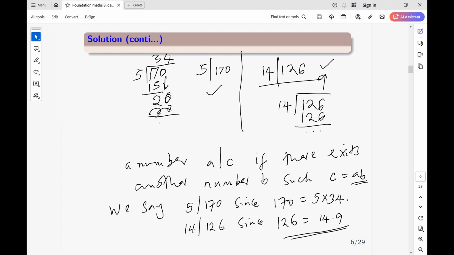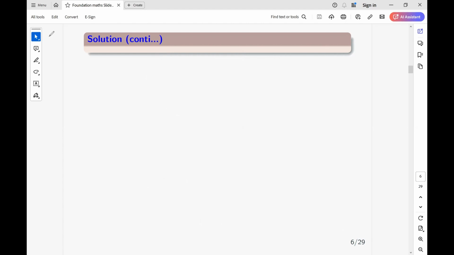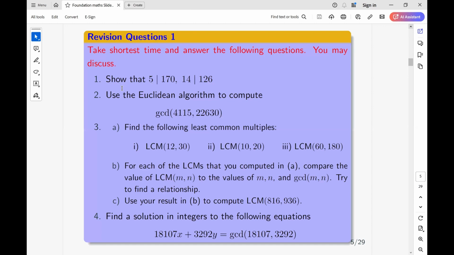Now, let's look at the second question. You said you had done it also. Okay, let's look at it. This is the working for the first question. The second question required us to use the Euclidean algorithm to compute the GCD of these two numbers.